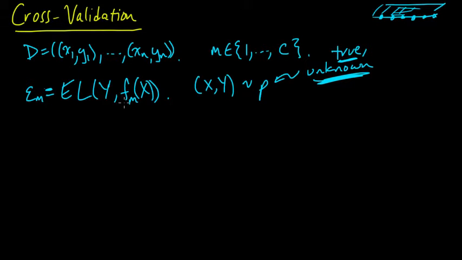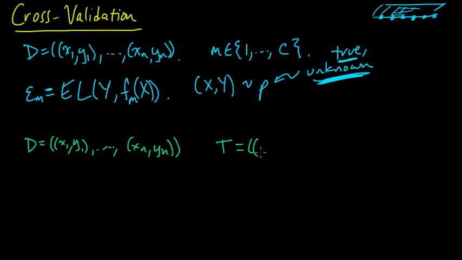So how are we going to do that? Well, let's do a little thought experiment first. Let's say we had our data here, x1, y1 up to xn, yn. And let's suppose that we also had, somehow, magically, some test set.